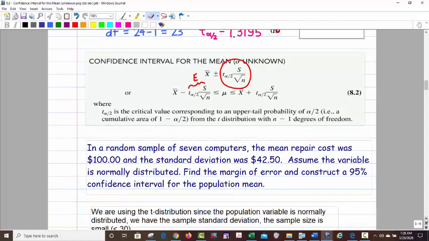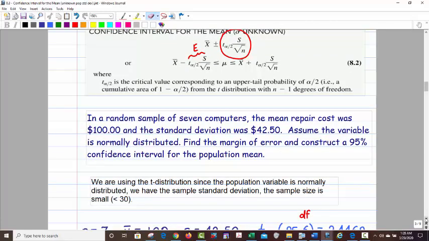So now we're going to just take a look at some examples. Once you get the hang of this, the only difference is making sure you know when it's a T and when it's a Z. If you're doing a problem on a test and you're not getting the right answers, go back and look at the problem and make sure you didn't choose Z when it was supposed to be T, and vice versa.